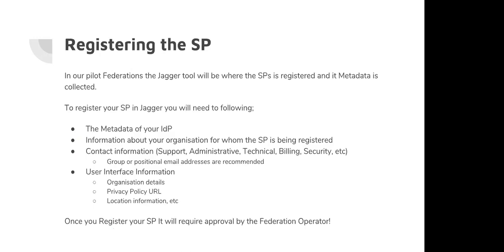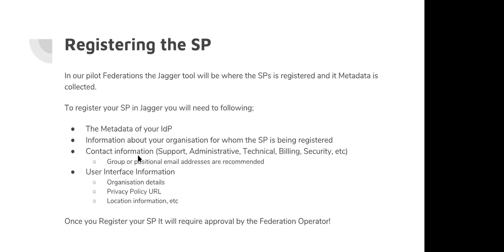To register your SP in Jagger, you'll need the following. Let's just say the metadata of your SP. Fix that up shortly. Information about the organisation to whom the SP is being registered. Contact information, so support, administrative, technical, and so forth.